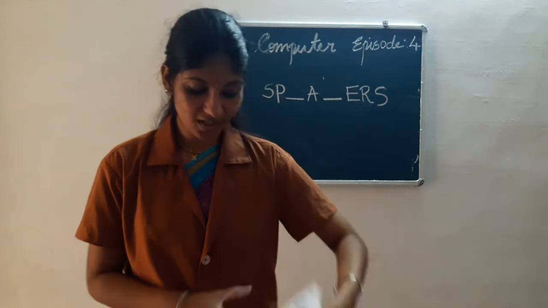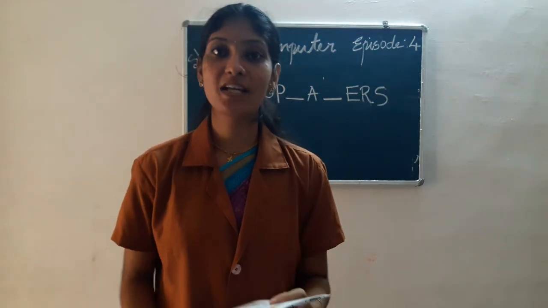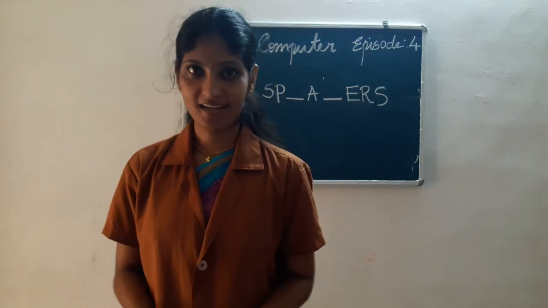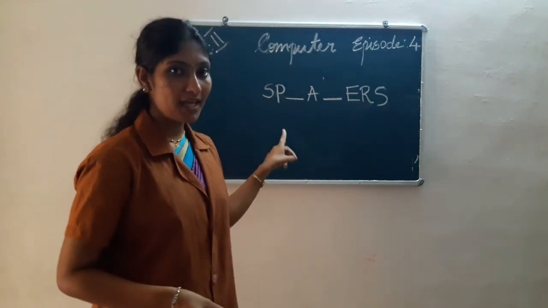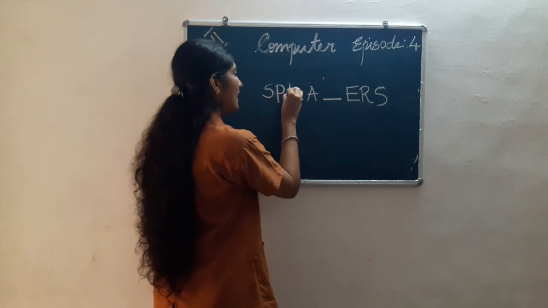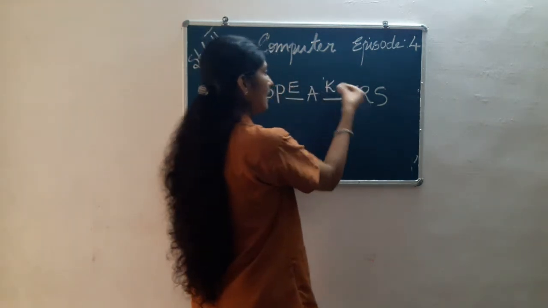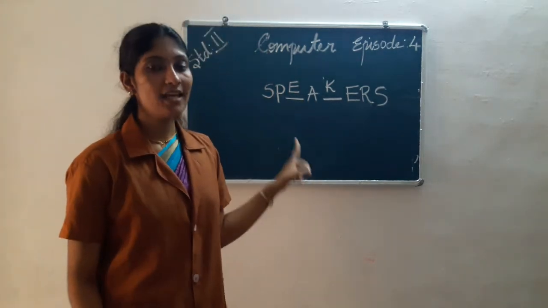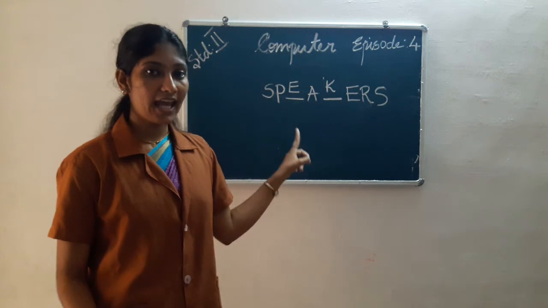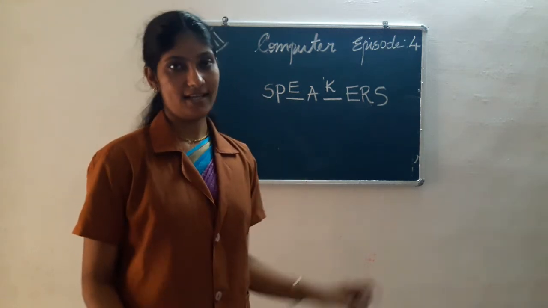And there is a picture. Can you see this picture? What is this picture? Yes, we know it's the picture of a speaker. Right? So what is the spelling of speaker? S, P, E, A, K, E, R, S. So speaker spelling is S, P, E, A, K, E, R, S.